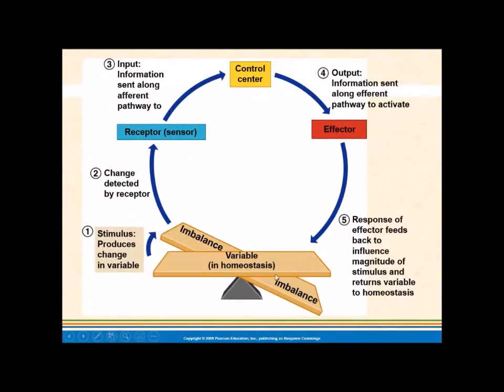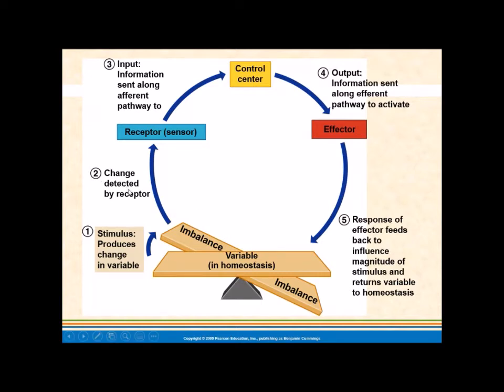Now, basically, we have just a few things that come into play. We have a variable, which is a thing that we're measuring. So we have some sort of receptor that can pick up a variable. We can't control it if we can't measure it. So we have receptors that pick up internal temperatures, receptors that pick up external temperatures, things like that.